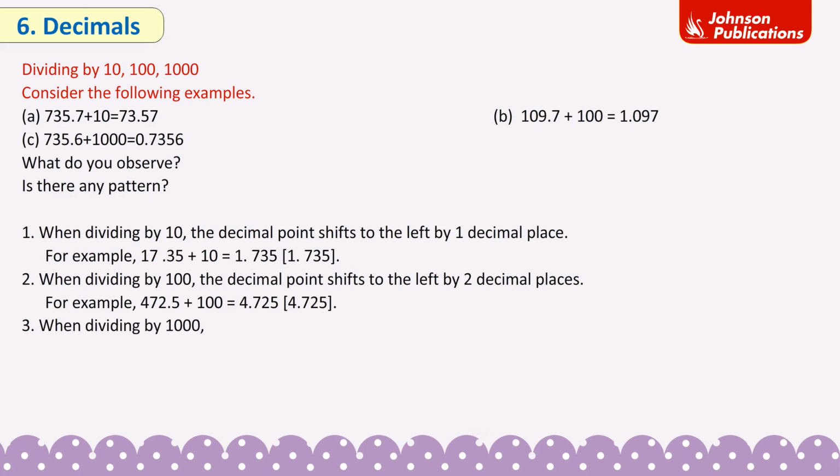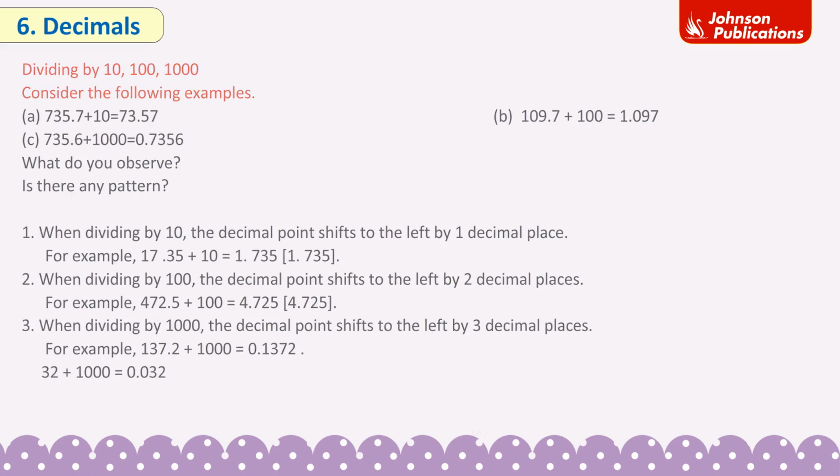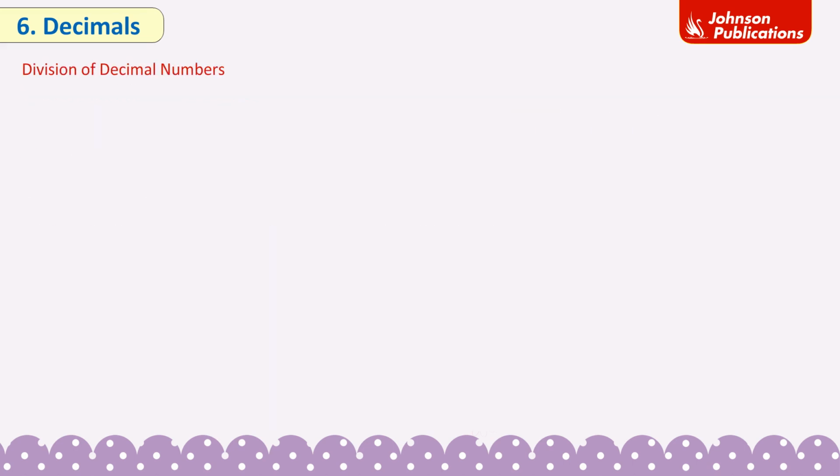When dividing by 1000, the decimal point shifts to the left by 3 decimal places. For example, 137.2 divided by 1000 is equal to 0.1372. 32 divided by 1000 is equal to 0.032.